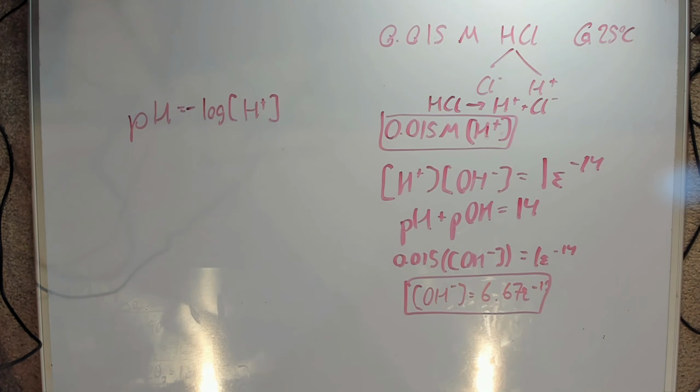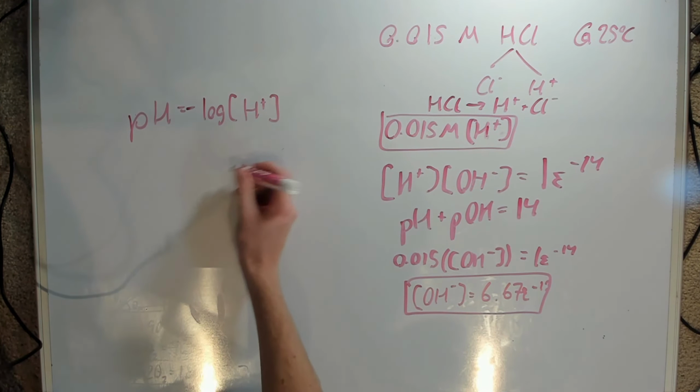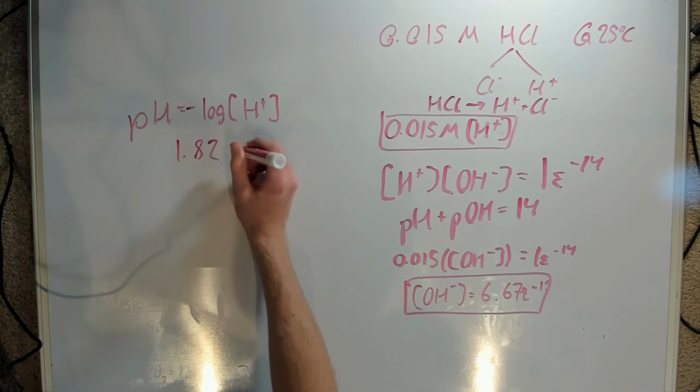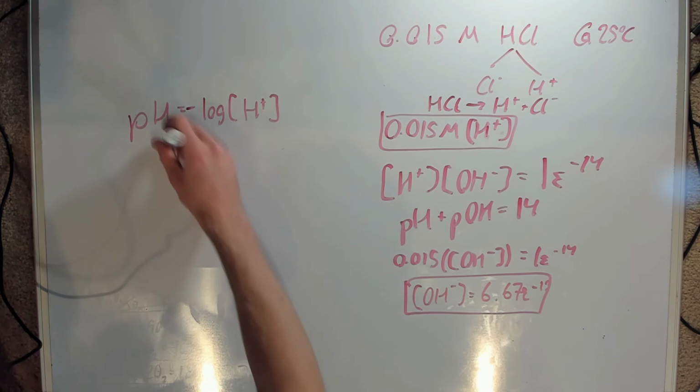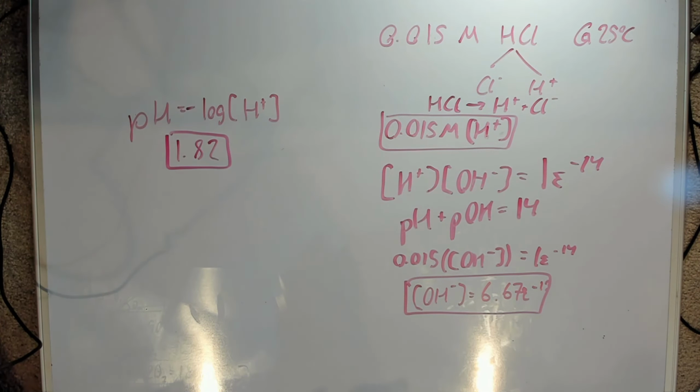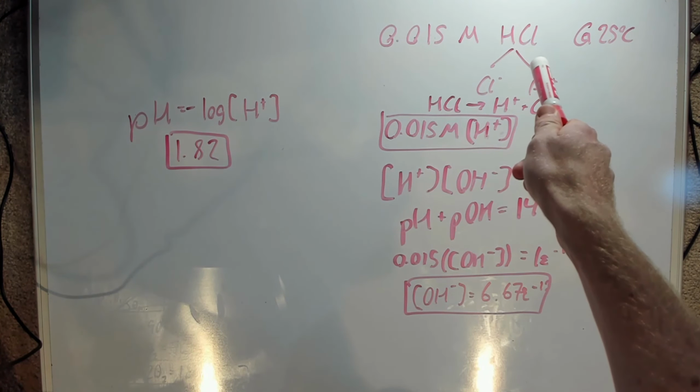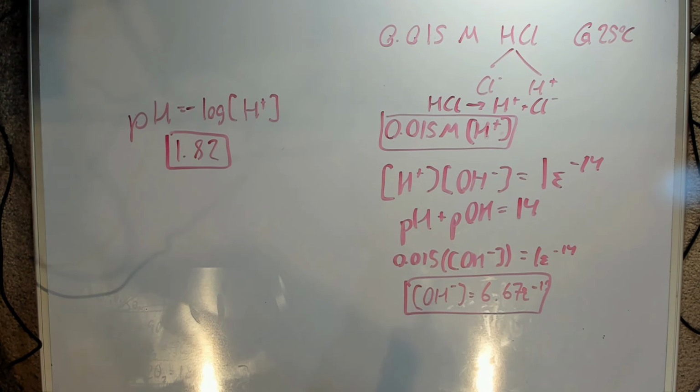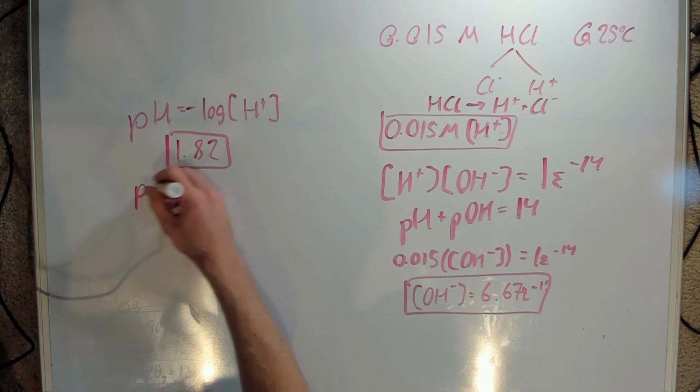Normally when doing pH, we round to the hundredths place, so 1.82. That would be our pH. Remember how we said that the lower the number on the pH scale, the more acidic? That makes sense because this is a strong acid. This is a very low number.